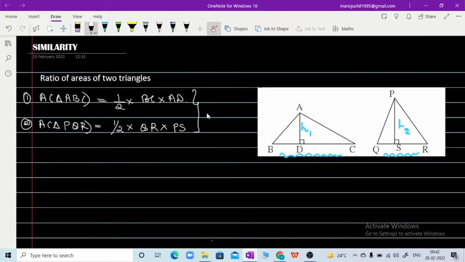Both these statements I am getting from the definition of areas of triangles.